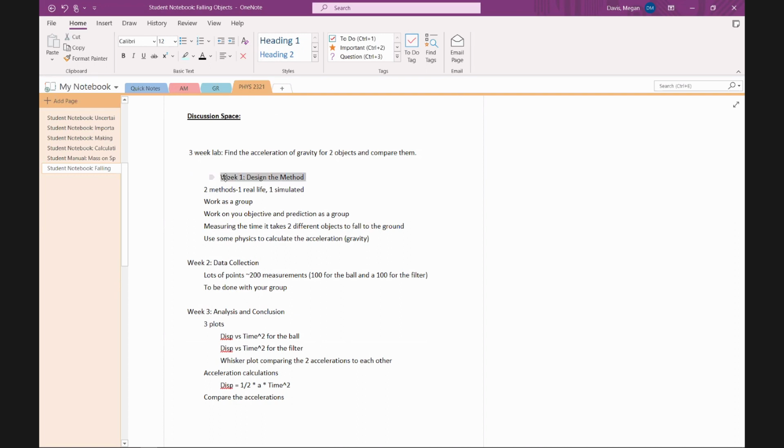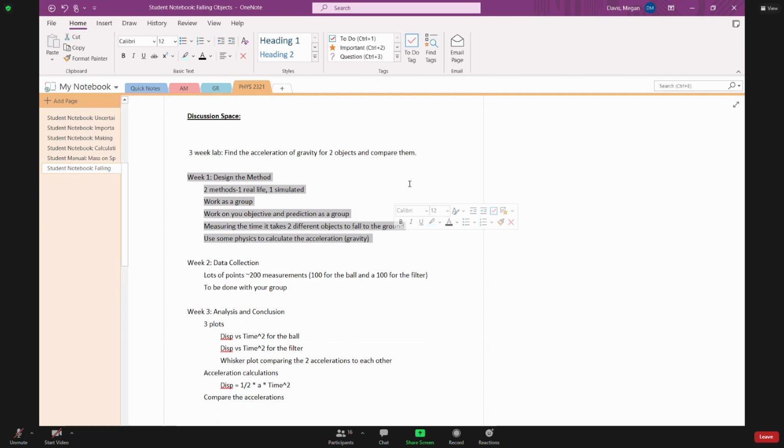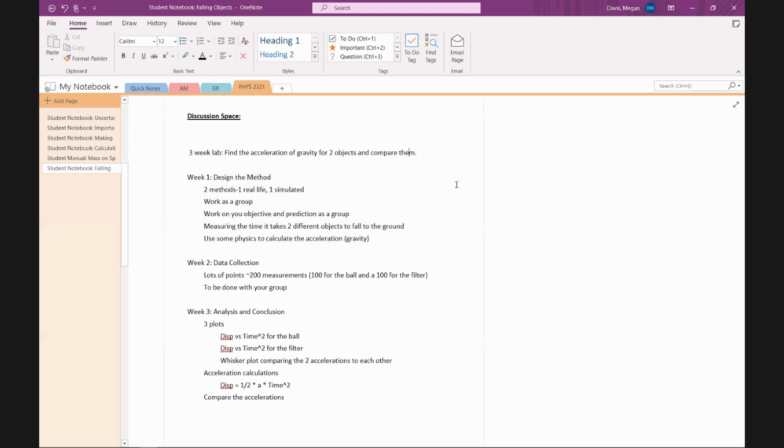Are there questions about what we're doing for week 1? Okay, so next week you're doing your actual data collection. Again, collect the data with your group. Divvy up that work because you have a lot of measurements to take.